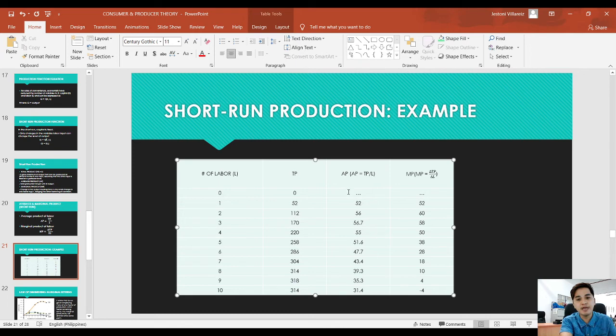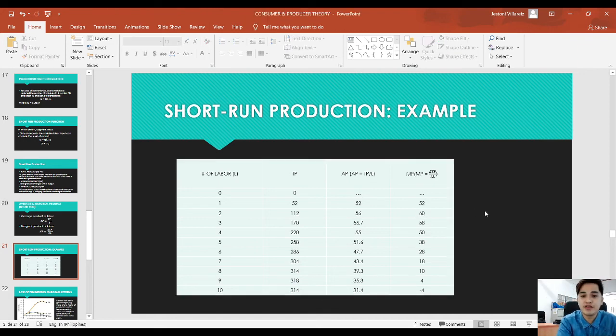Then your AP, the average product per labor, is 56, and its marginal productivity per additional labor added is 60.